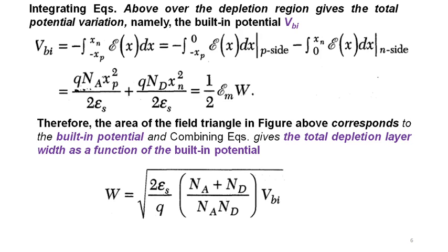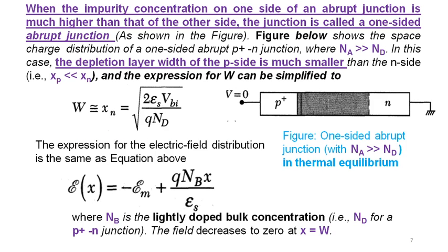It is clear that when the impurity concentration on either the p or n side is higher than on the other side, we call it a one-sided abrupt junction, which may be on the n side or the p side.